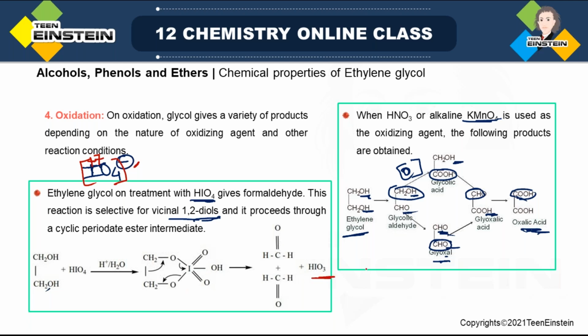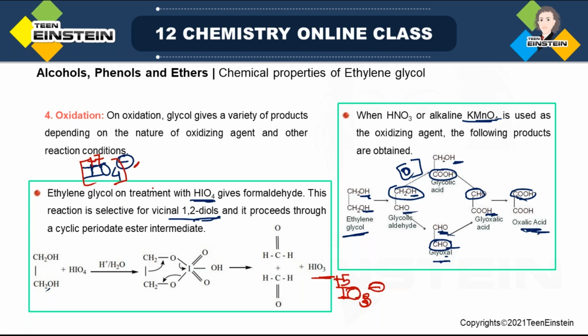Similarly, the fate of HIO4 after oxidation is that it will be reduced to HIO3. HIO3 is nothing but IO3 minus, and here the oxidation state is plus 5.